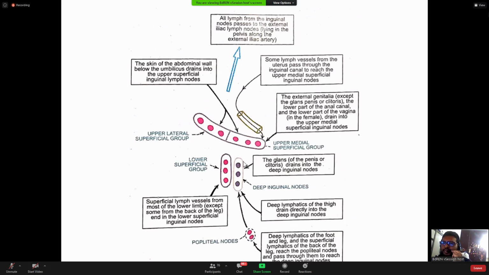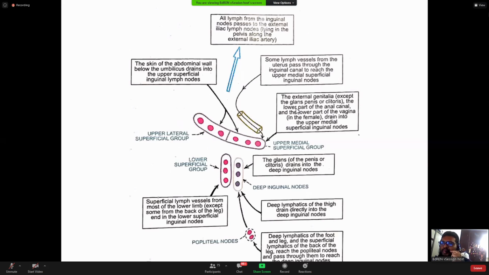If we simplify, the upper lateral group mainly drains not only the upper part of the lower limb, but also the abdominal wall below the umbilicus, into the upper superficial inguinal lymph nodes, both lateral and medial ones, right?